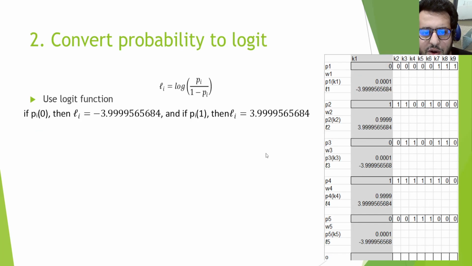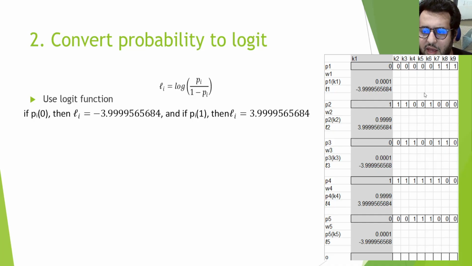Second step, we are going to use the logit function, which is the inverse of the standard logistic function. And essentially what we're doing is we're putting those probabilities into this function, and we're getting out a number that is going to be either, if it was a 0, a negative 3.99999, and the same if it was a 1, it'll be a 3.99999.